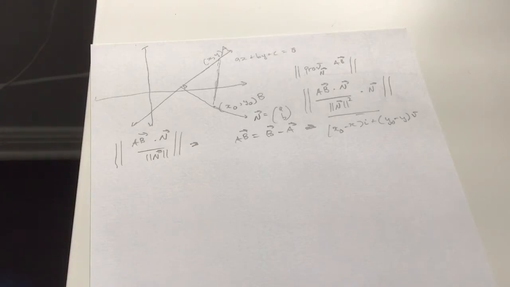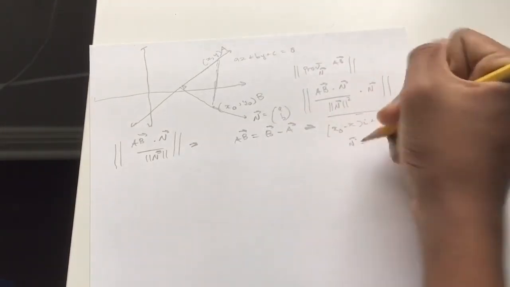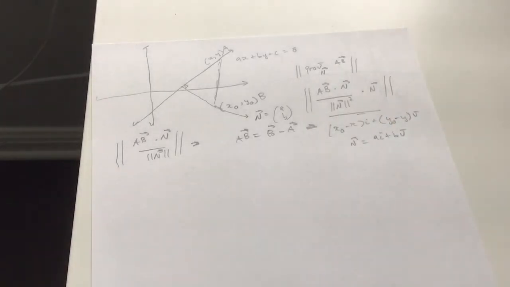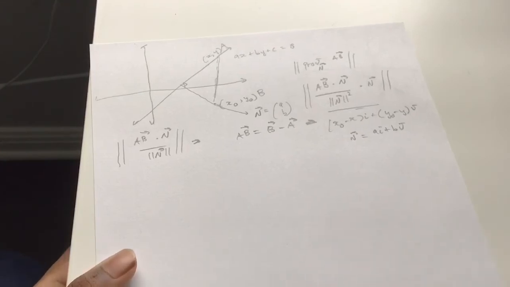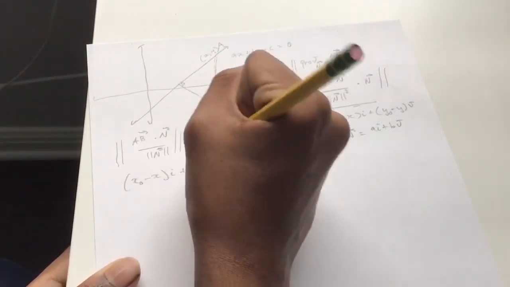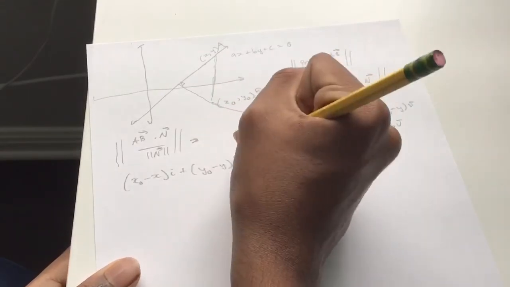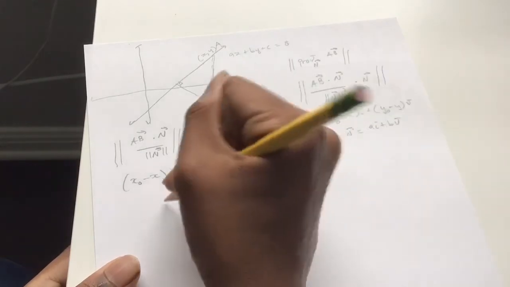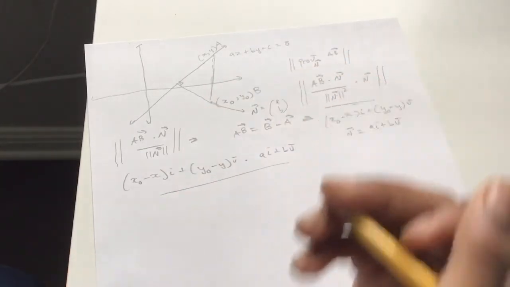The normal vector is simply a i plus b j. So now we do (x naught minus x) i plus (y naught minus y) j, dot a i plus b j, over the magnitude of n.